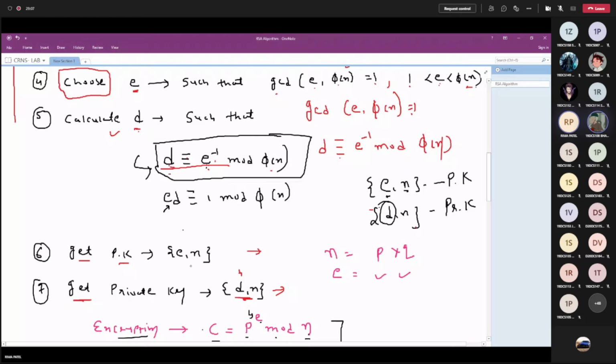So that is your public key. To get the private key we have this equation. I put in the values and then I come to know that this is the value of D. So D and N together will make what? Private key. Okay. These were the steps which we have done for key generation.